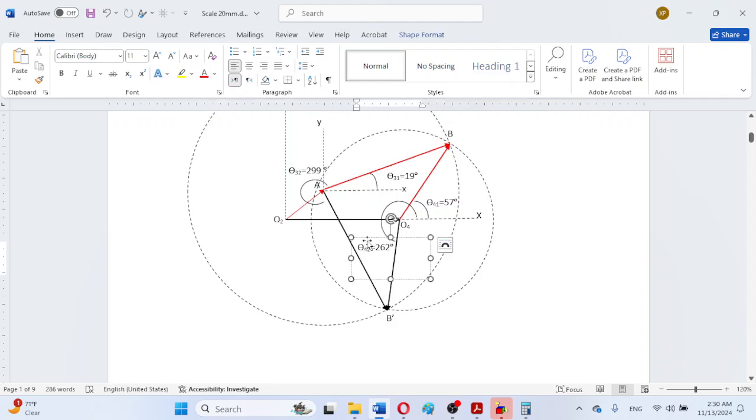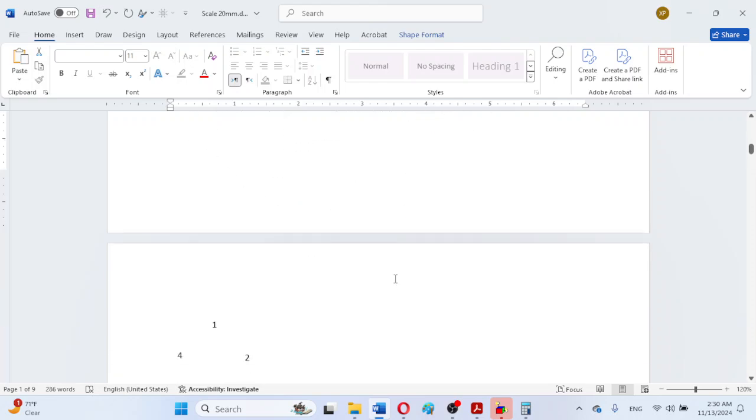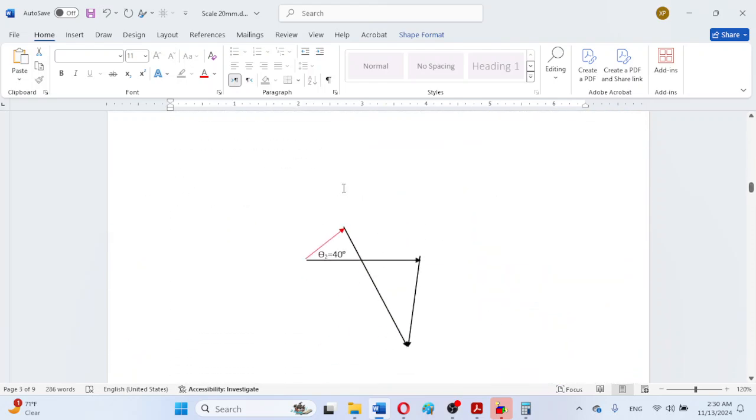As we can observe, this theta 4 2 complete can be pasted here like this, and we can again move it with the up and down arrows like this. Here, like this.